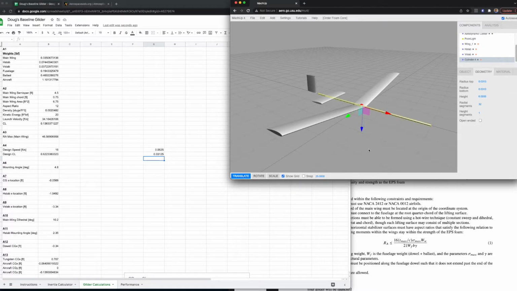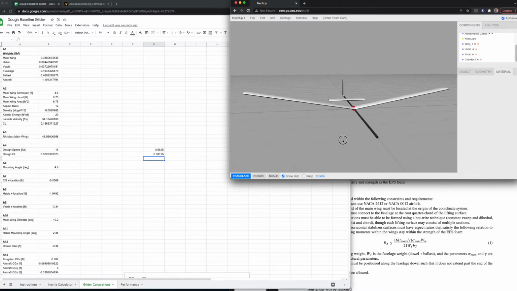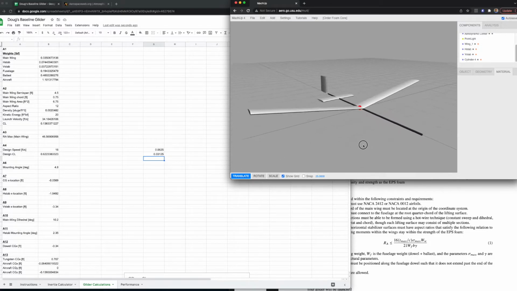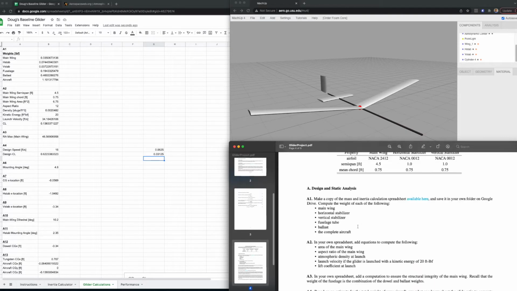So that's my carbon fiber tube, and I'm going to make it kind of charcoal color, just for looks here.